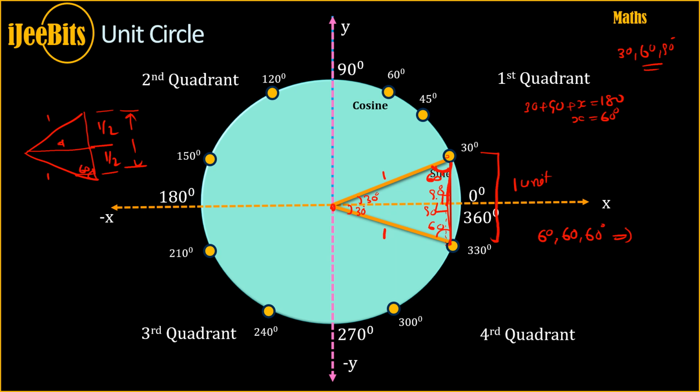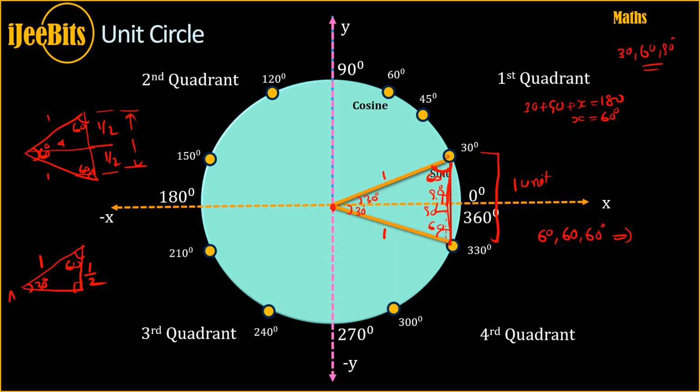This is 60, this is 60, and this is also 60, right? So what triangle have we got? Like this, if this is 30 degrees, obviously this is 60, and this is 90. This is 1, this is 1 by 2. Do you know what this value would be?